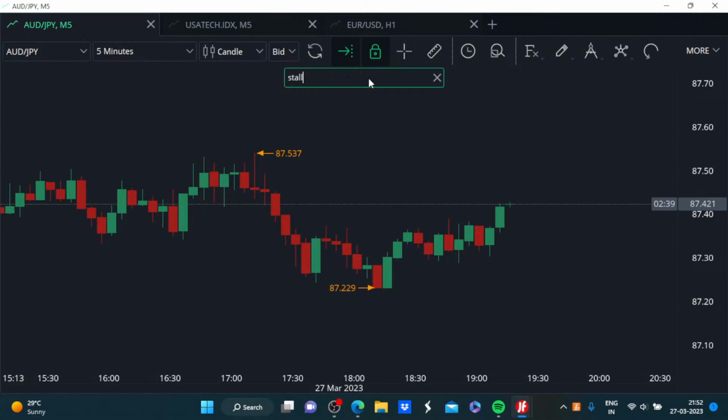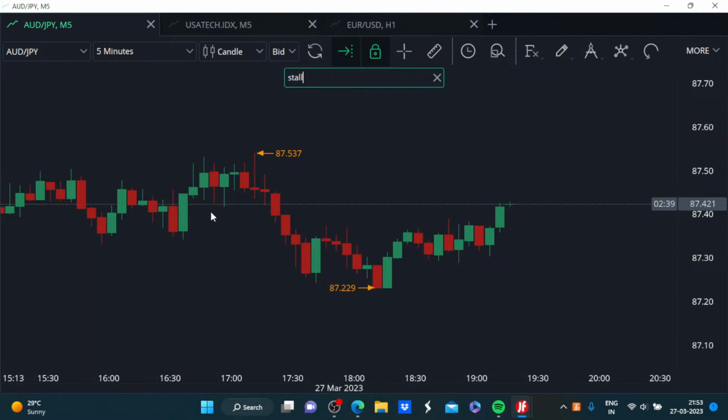I think there is some issue with the system while adding this indicator.